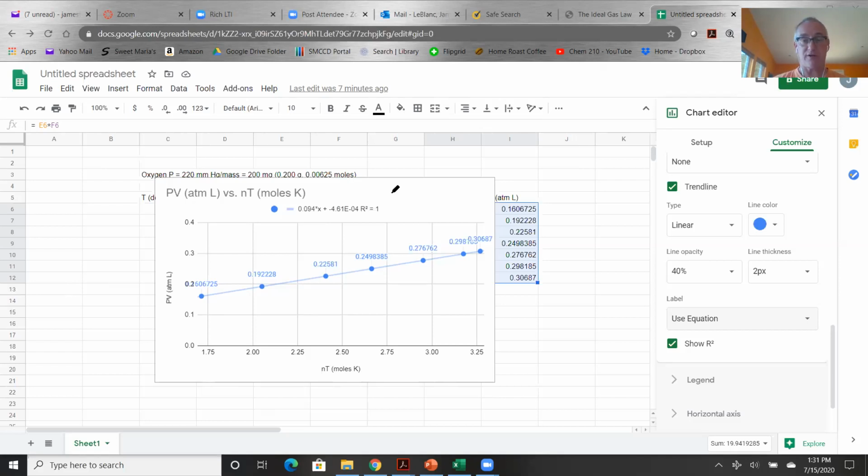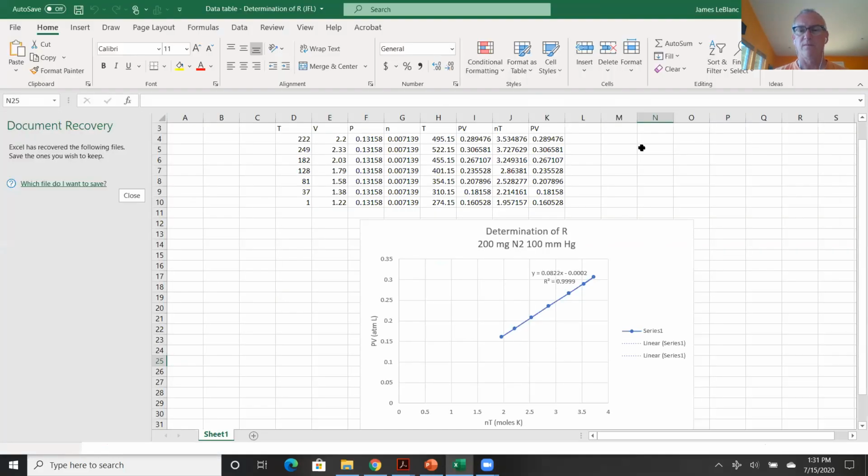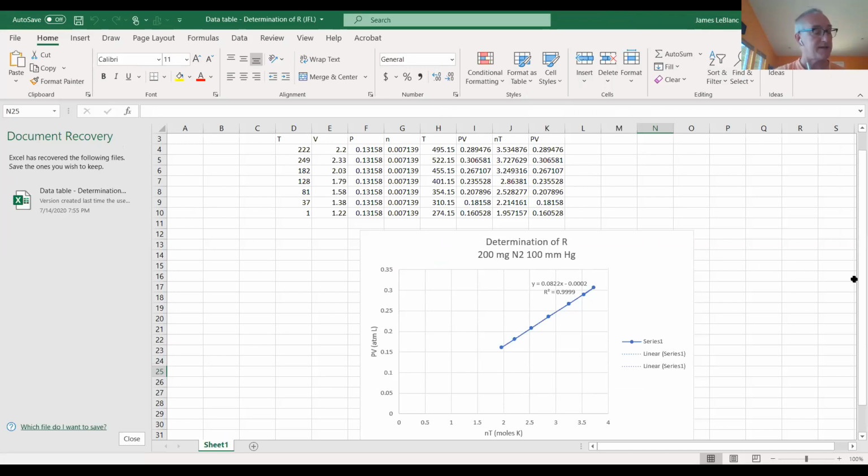I will show you real quickly that I did this with nitrogen last night. Oh, here it is. So I did this with nitrogen last night, and you can see that when I plotted it, I got 0.0822, which is pretty much exactly R. So that told me that, hey, I can do this right.